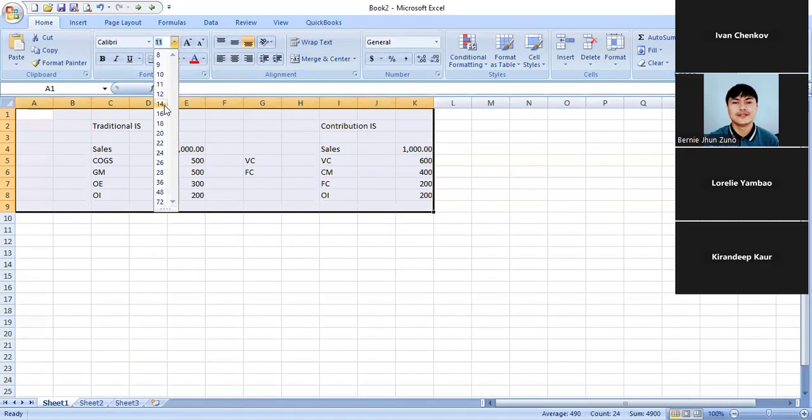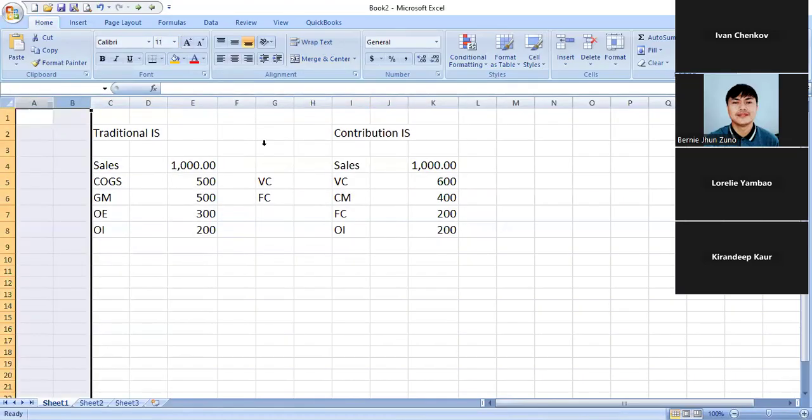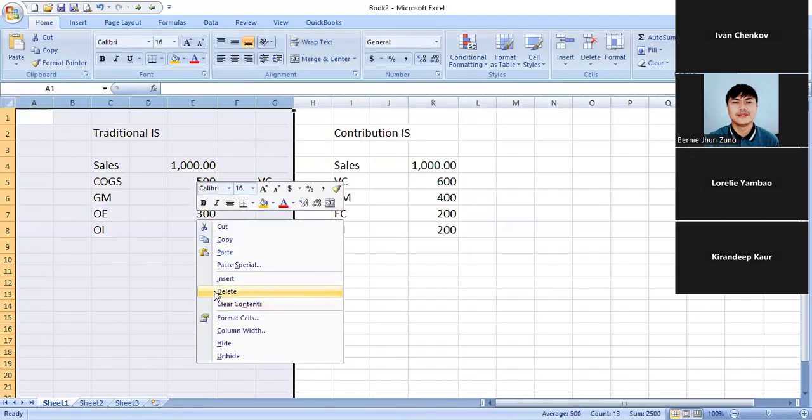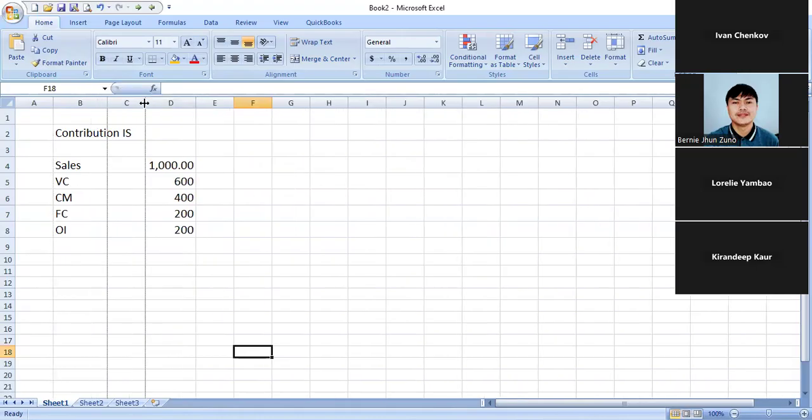Let's do some formatting. Can you guys see my screen? Yes, you can. So we're going to build on the contribution income statement format only.